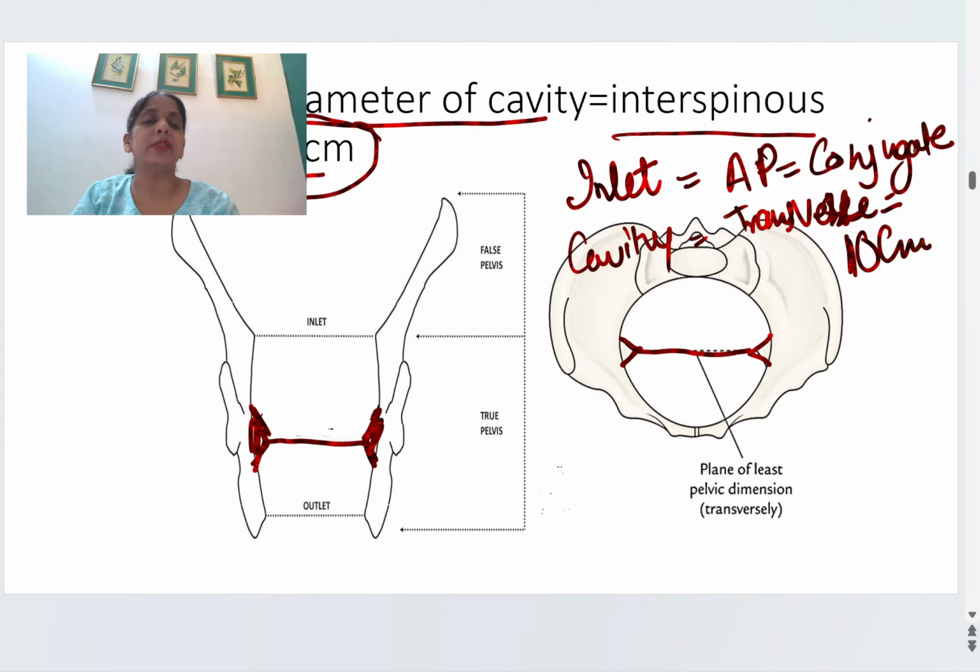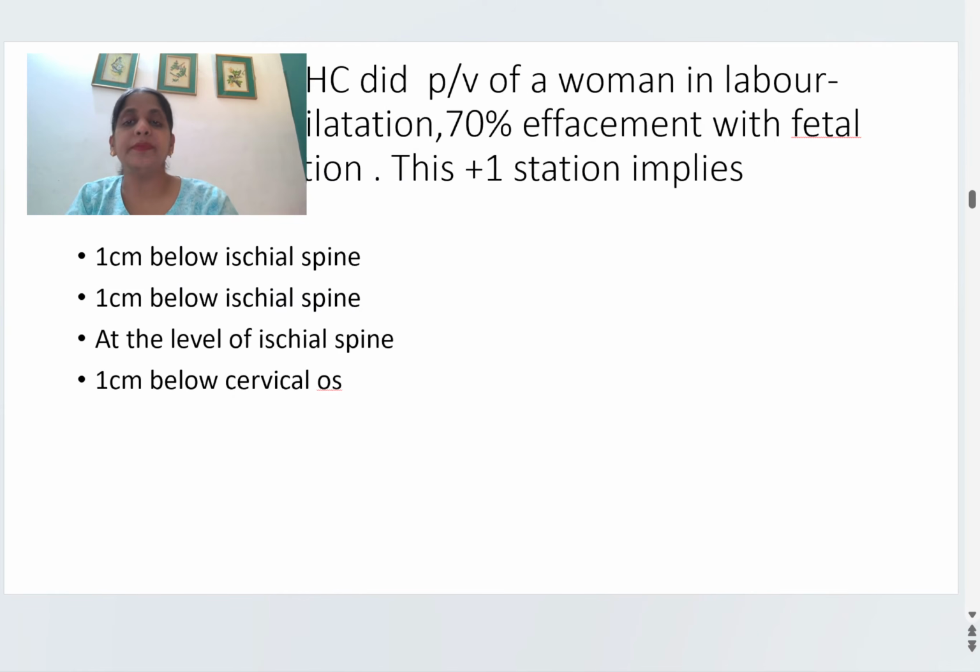So this diameter is also important because it is the smallest diameter of the pelvis, which is 10 centimeters. Okay, now see here.